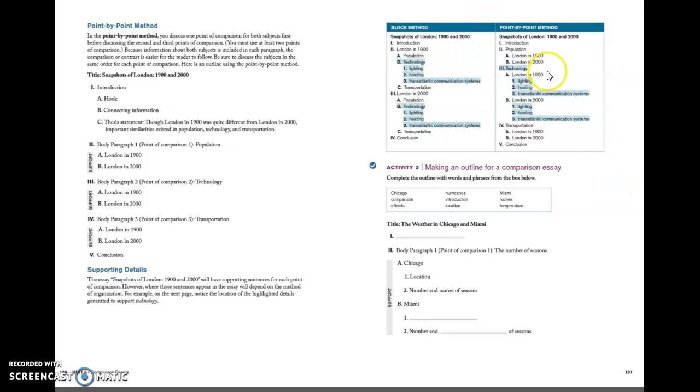You see side by side, the block method and the point-by-point method. Only here they actually go into a little bit more detail so you could see what kind of supporting information that you might include. So I suggest you turn off this video now and you review this information again, because how you organize an essay is very important. So when you're comparing something, you have 2 different options for organizing your information: block method and point by point.